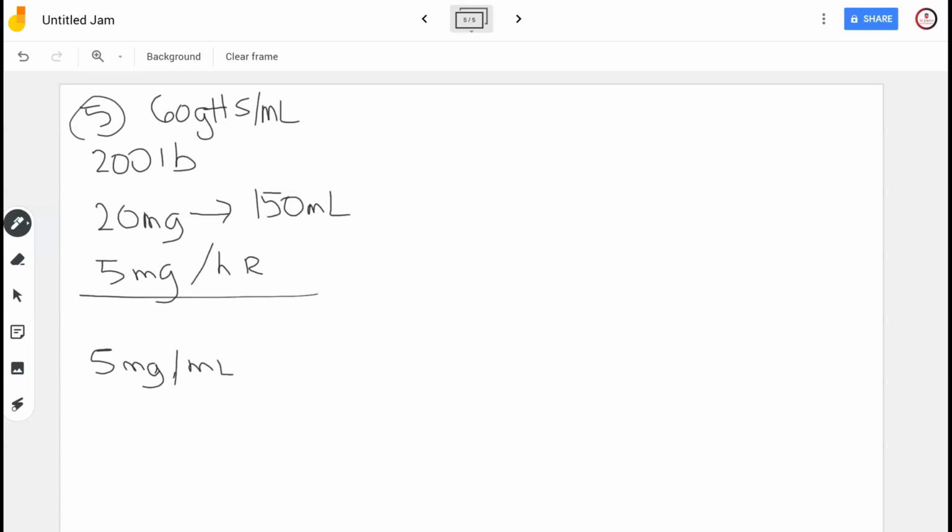So that means you are going to be putting 4 milliliters into your 150 milliliter bag, which is that first question. How many milliliters must be added to the bag from the vial? It's 4, right? So how many drops a minute are necessary for administration?